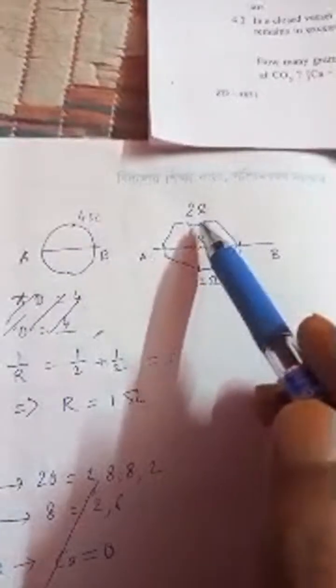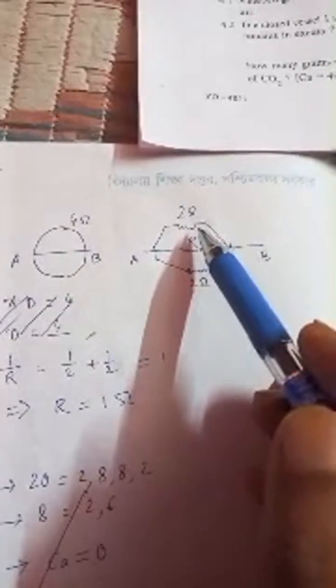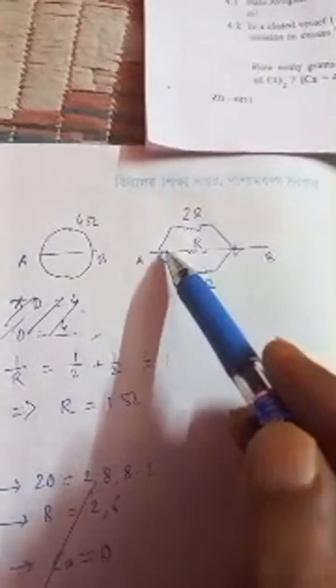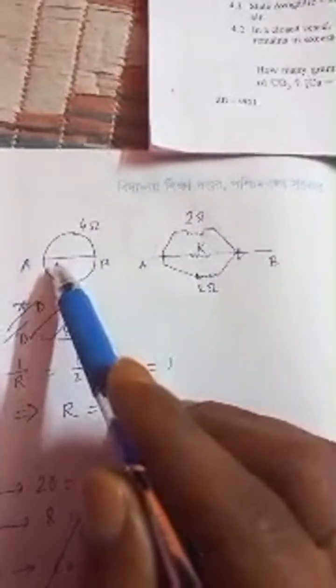Now the diameter is AB. In the diagram, you can see there is a circle and the 4 ohm resistance is divided into two parts, two resistances which are in parallel combination, and its equivalent resistance will replace the diameter's resistance.